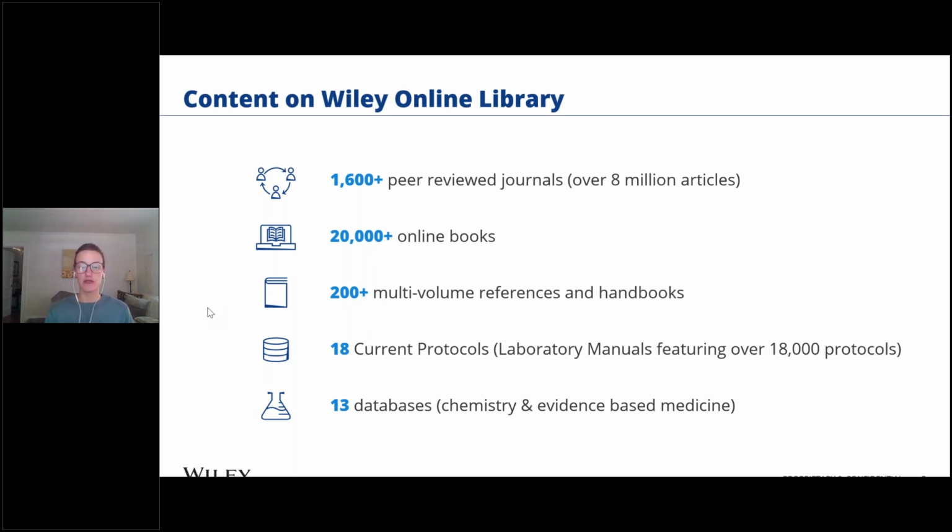I'm curious to hear if any of you have maybe utilized those, as well as 13 databases in chemistry and evidence-based medicine. So that is kind of aiding healthcare professionals in accessing the right information at the right time. Also curious to hear if anyone has experience using those.